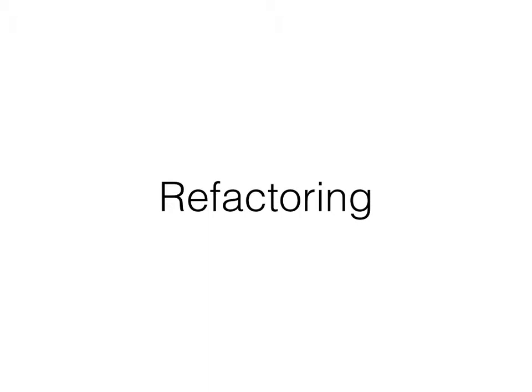Refactoring is the process of improving the design without changing the behavior. In the Refactoring book by Martin Fowler, he says that you should not refactor and add new features at the same time. You should start refactoring when you are in green state and end refactoring in green state.